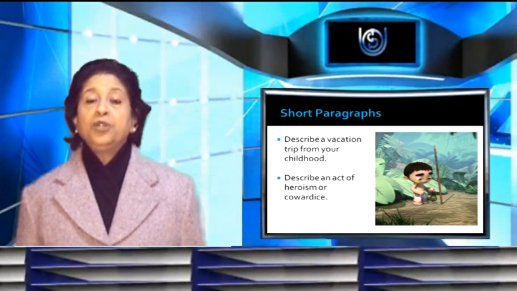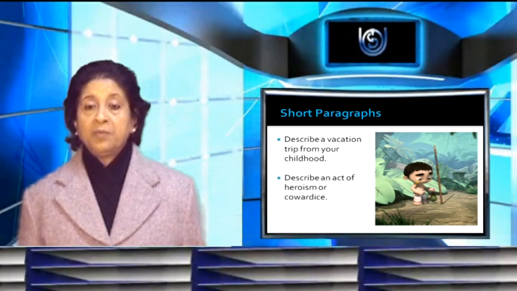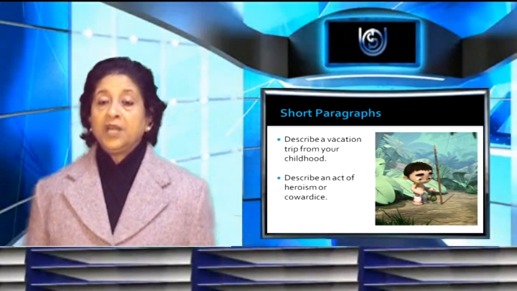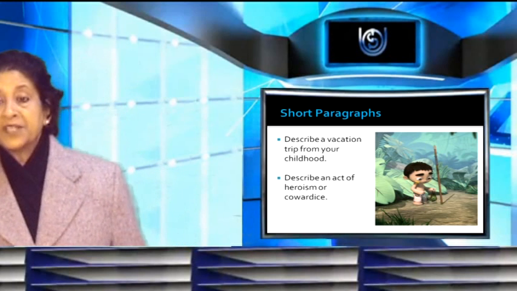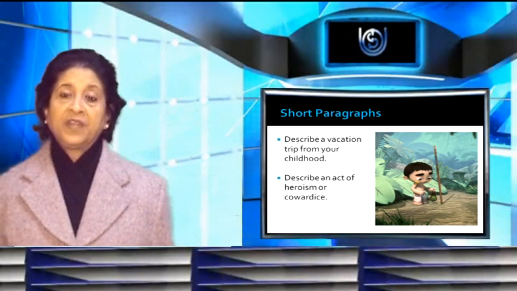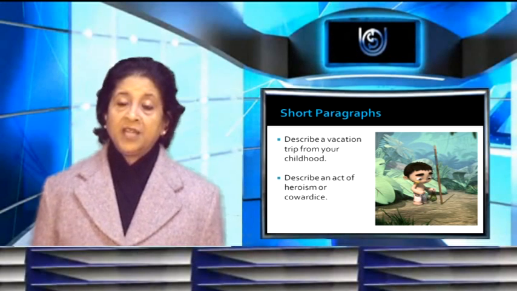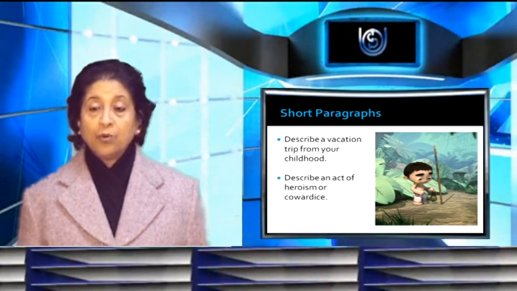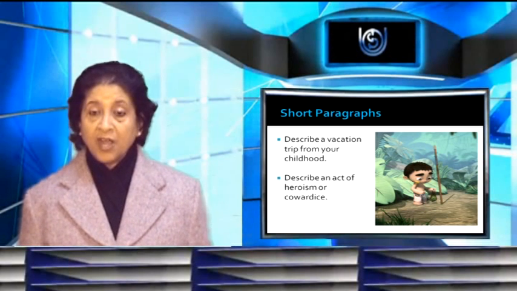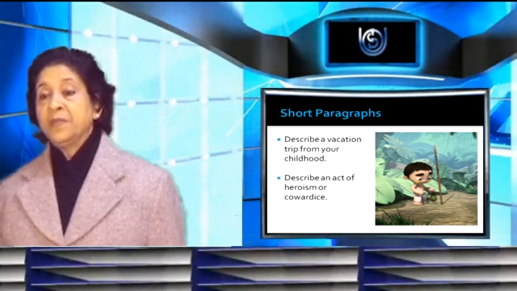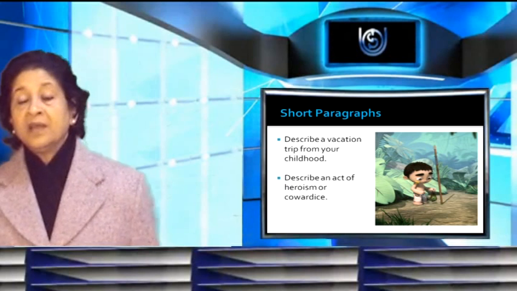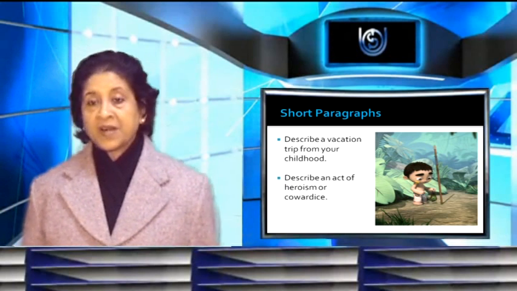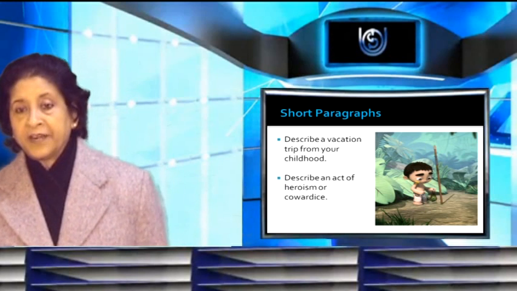Maybe you had gone during your childhood time to your grandmother's house, who lives in a village. So you can describe in one paragraph your vacation, that you traveled there, you went to the village, how the village life was, who all your relatives were staying there, how much love and affection you got from them, and what all you did there during your vacation. So this is all you can describe in a single paragraph.